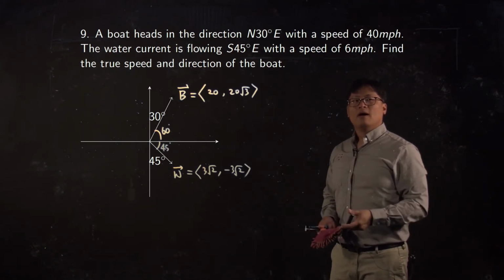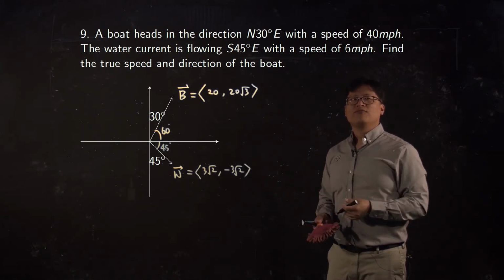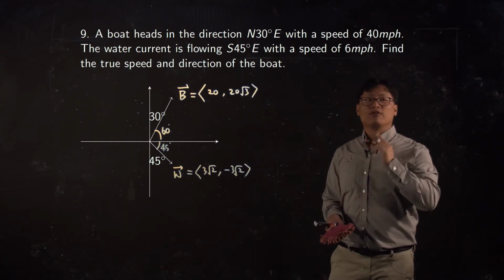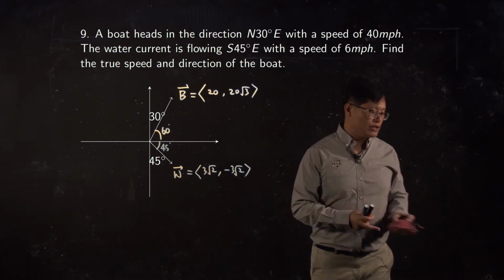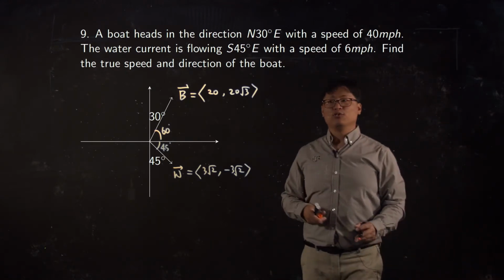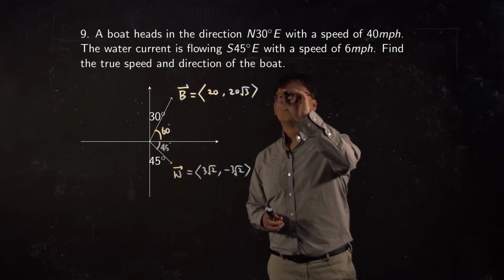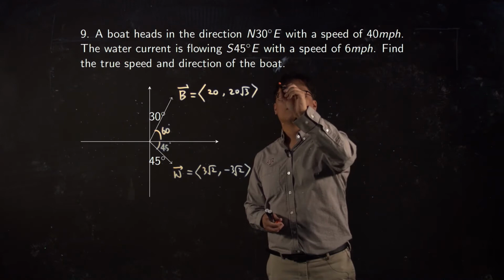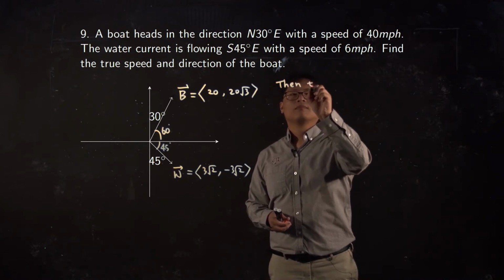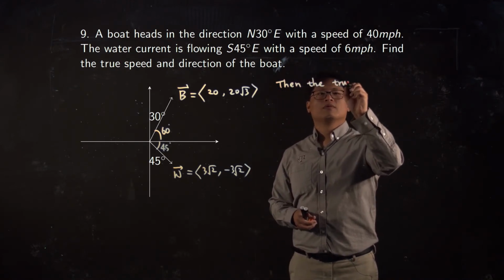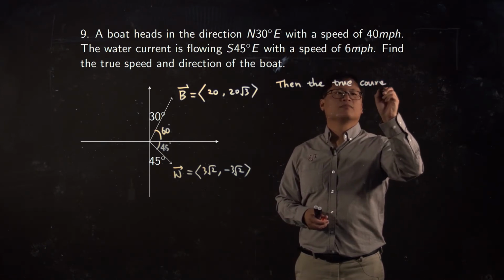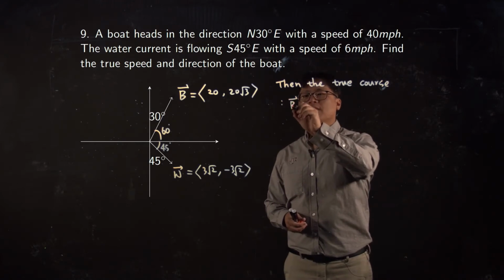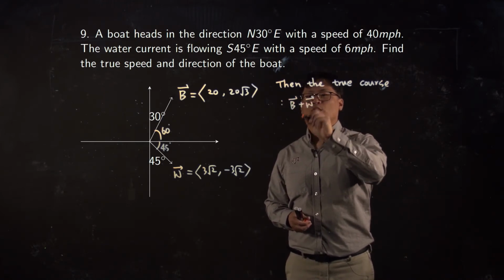Now we have vectors B and W in component form. Then we're going to try to find the true course. The true course is the resultant vector. Calculating the resultant is really easy. Just add up these two vectors. Here we go. The true course is vector B plus vector W, just simple addition.